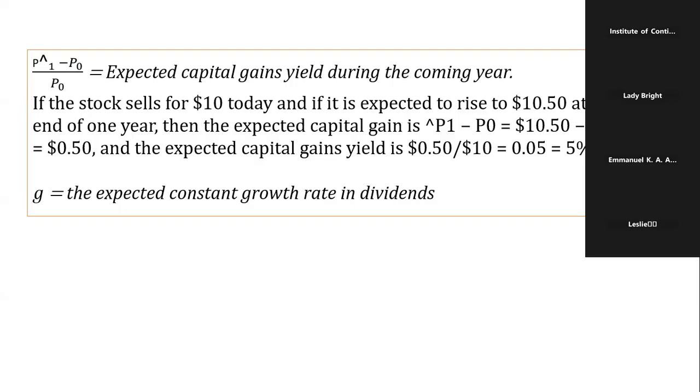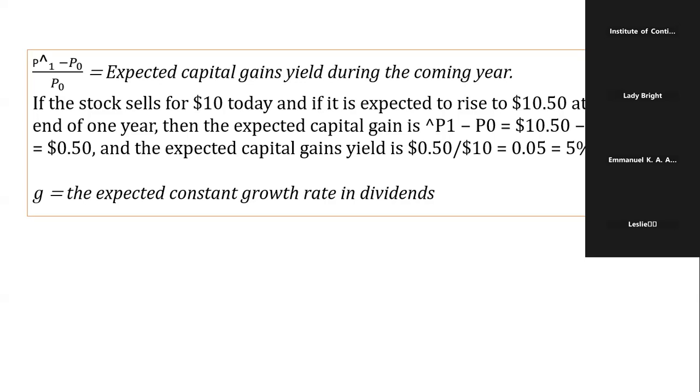Let's say P0, the last price of the stock, is $20, and then P1 is $40 at the end of 1 year.